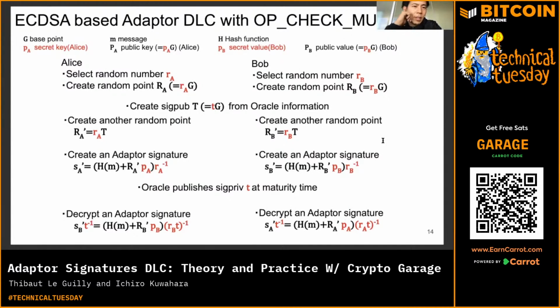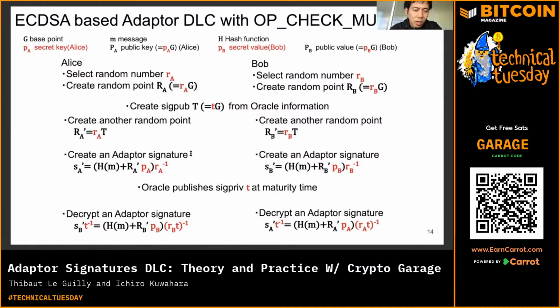And this is ECDSA based adapter DLC with OP_CHECKMULTISIG. That is, this is the protocol that Thibaut explained. And the protocol is almost the same as the previous slide. The different point is each party creates a large T from Oracle information that is called sigpub.